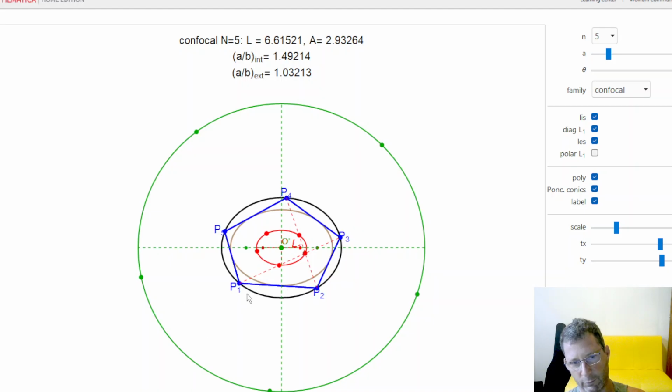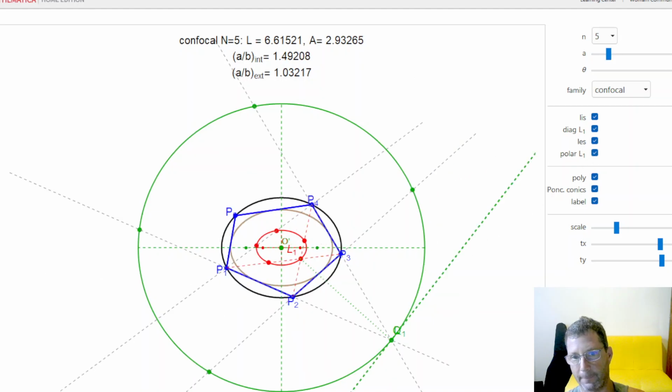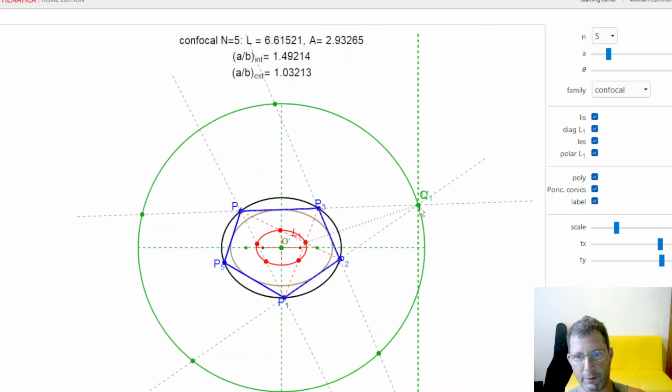So these 4 lines, 1, 2, 3, and the 4th line going through P4 to P1. I have this polygon here. I'm computing this intersection, and then corresponding to this intersection, I'm computing a point over here.